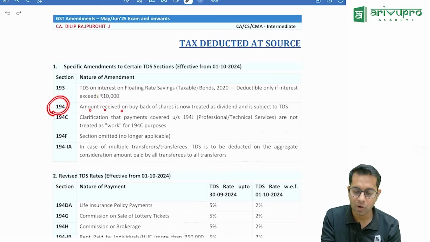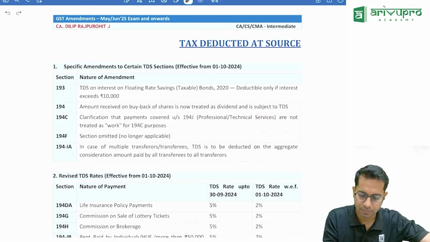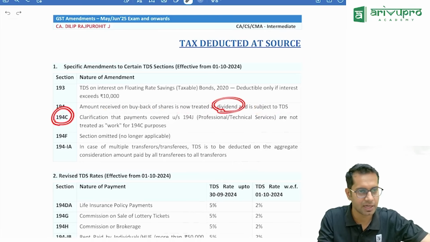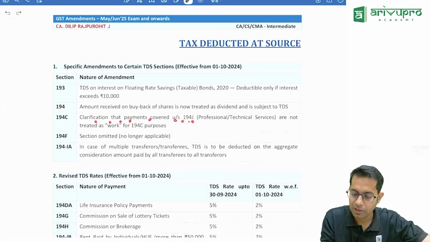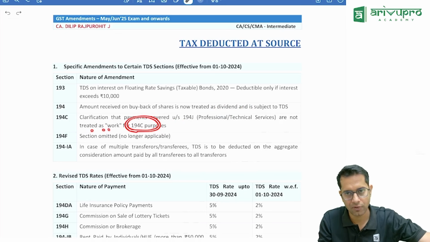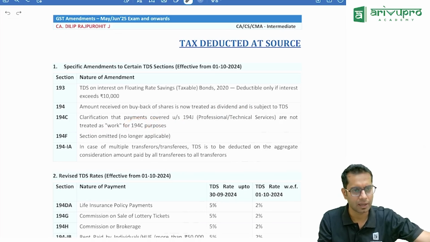Section 194C: amount received on buyback of shares is now treated as dividend and is subject to TDS. We have seen that it is treated as deemed dividend, correct? Also, 194C: clarification that payments covered under section 194J are not treated as work under section 194C. Normally 194C talks about contracts, and 194J talks about professional services.